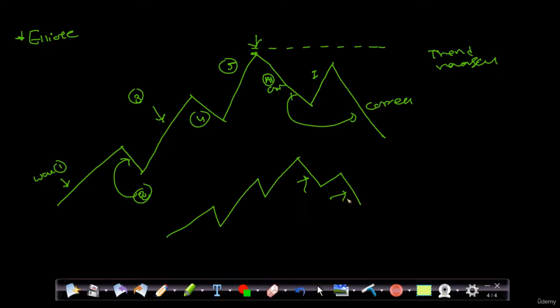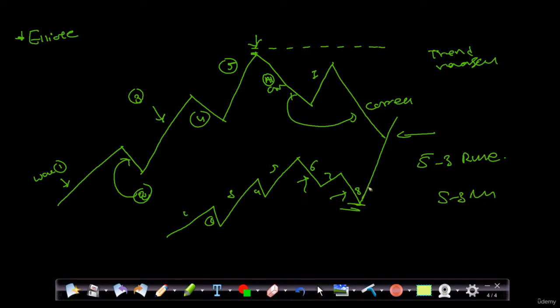And also we can call this 1 2 3 4 5 waves for the upside, then 6 7 8. Now we can call this the 5-3 rule. Now you can say, suppose the market creates this many waves, then this is the end of the Elliott wave 5-3 rule.